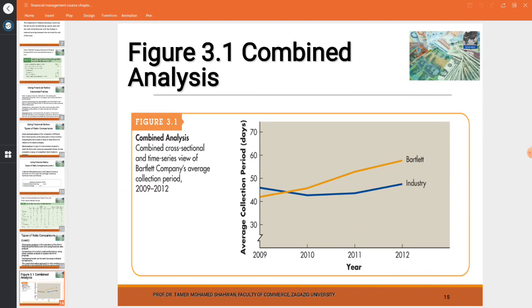We have the financial performance of the Bartlett firm and its industry over a number of years, from 2009 to 2012.